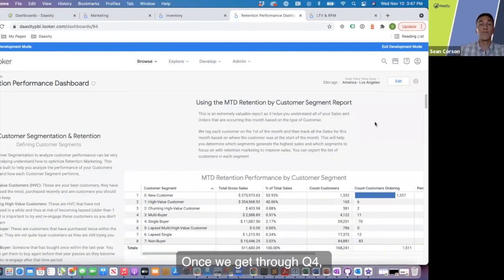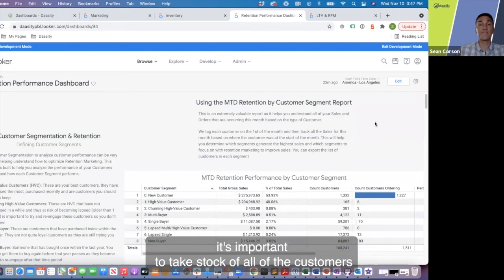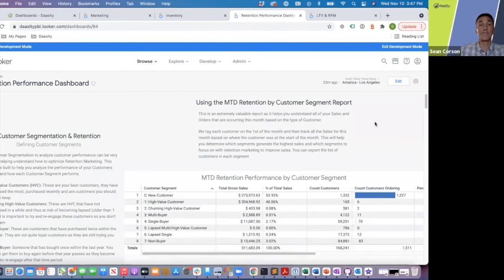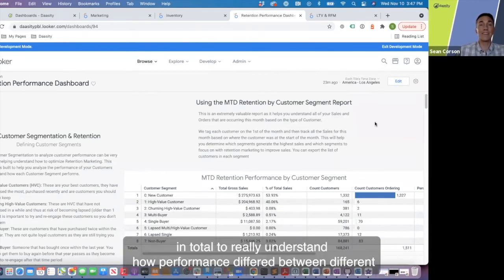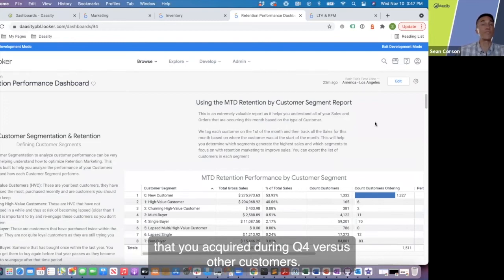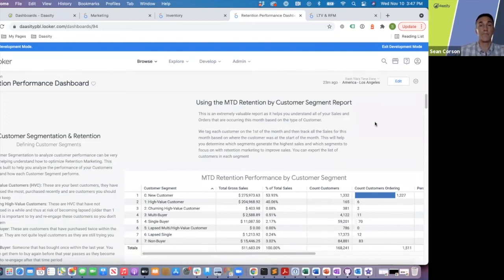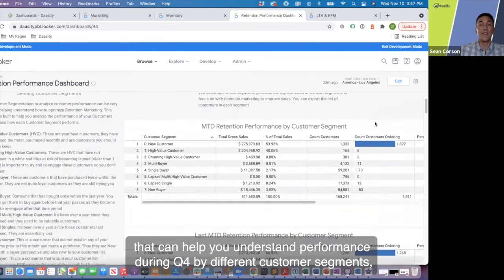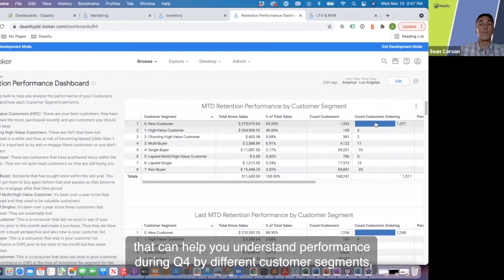Once we get through Q4, it's important to take stock of all of the customers that you've acquired during this period and all of your customer base in total to really understand how performance differed between different customer segments and how lifetime value is comparing for the customers that you acquired during Q4 versus other customers. The retention dashboard has a number of visualizations that can help you understand performance during Q4 by different customer segments.